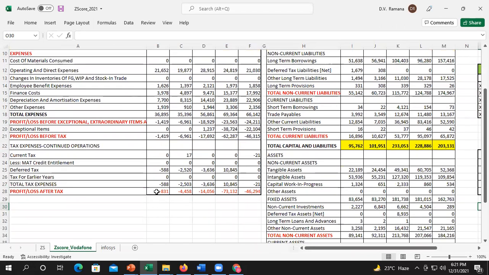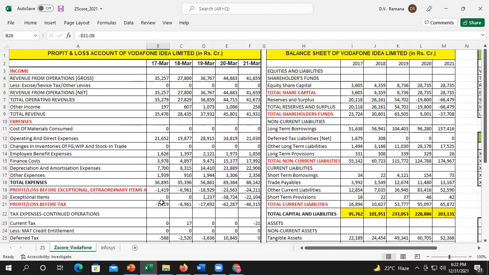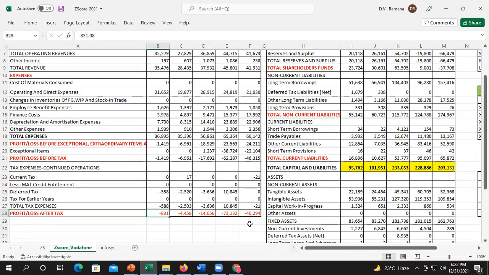We can see that in all 5 years, the company is incurring losses. More important, losses increased from 831 crore to 46,000 crore. In a matter of 5 years, the loss has increased from 800 crore to 46,000 crore.